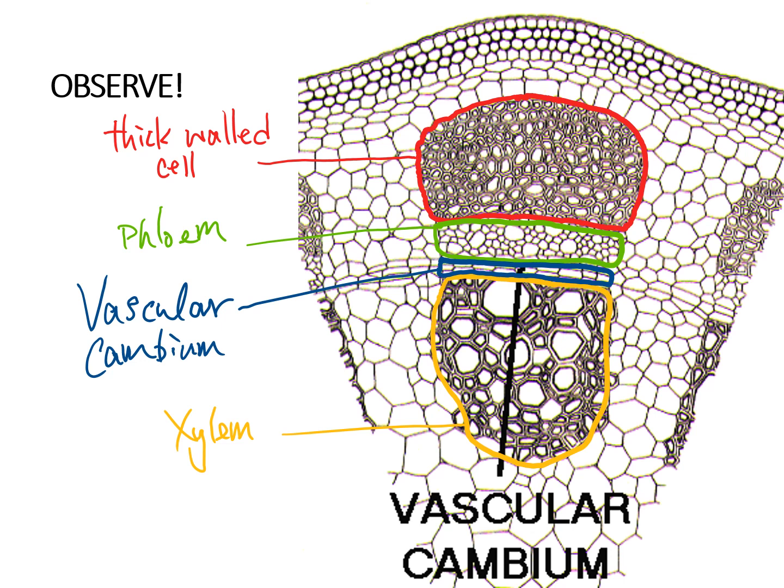This group of cells, we call them the vascular cambium. They are the lateral meristem, which helps the plant to do secondary growth to increase in width.